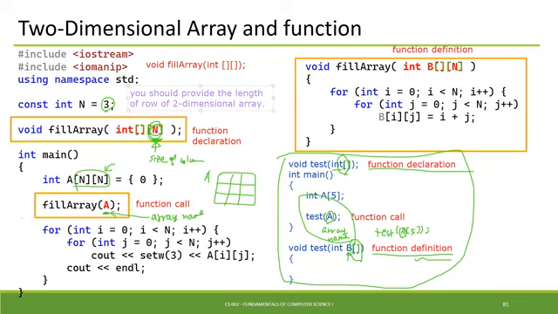This is a grammar rule. If not, the computer doesn't know how to access the two-dimensional array. So in the definition and in the declaration, provide the size of the column, but you don't have to put the size of the row.